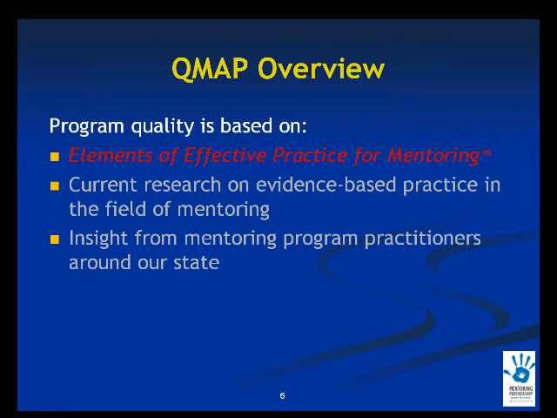And I think the difference between going through the Mentoring Partnership of Minnesota's QMAP and doing the Elements of Effective Practice checklist is that the Elements of Effective Practice for mentoring is definitely a foundation and something that we reference heavily. But because the QMAP was developed with a whole committee of mentoring professionals from throughout the state of Minnesota, we're also looking at other research or other evidence-based practice, and really this third piece of looking at insight from those mentoring program practitioners.